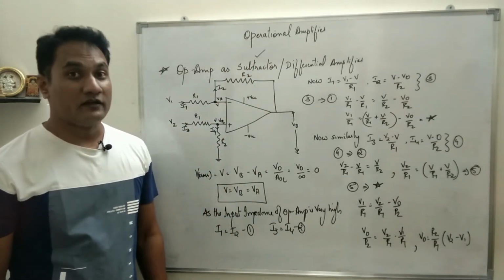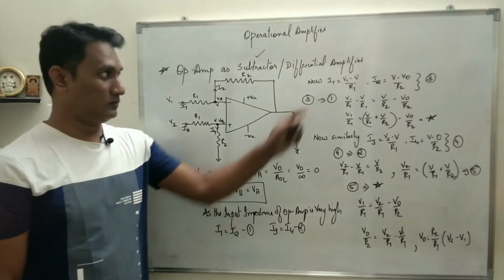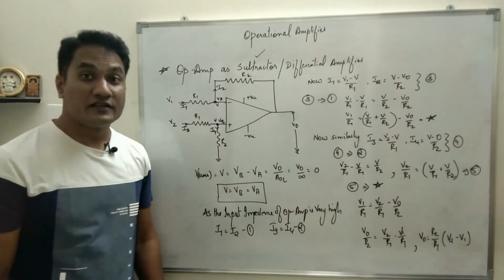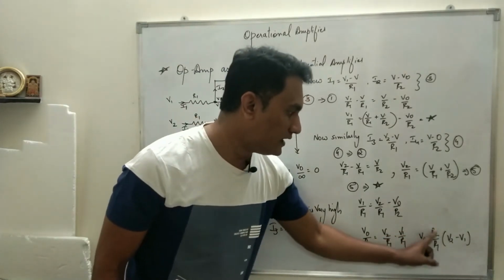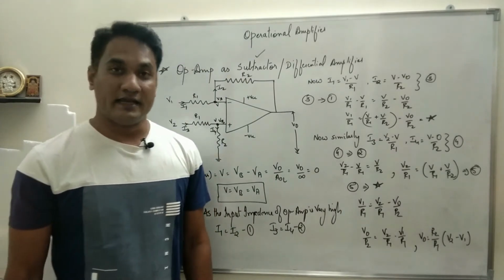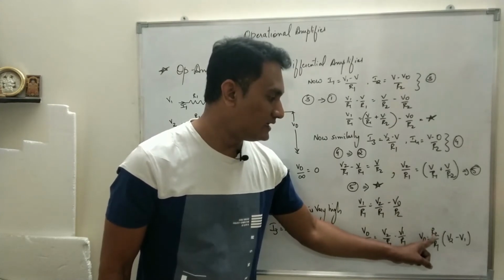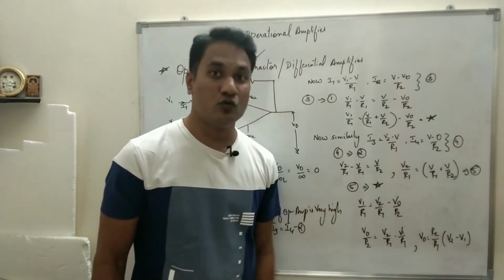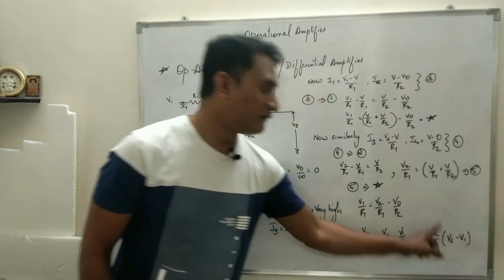And if I need a gain, if I want to use the circuit as a differential amplifier, then what I should do is select proper values of R2 and R1. Say I want a gain of 10. So I keep R2 as 20 ohms and R1 as 2 ohms. So 20 divided by 2 is 10, so 10 multiplied by the difference between the two.